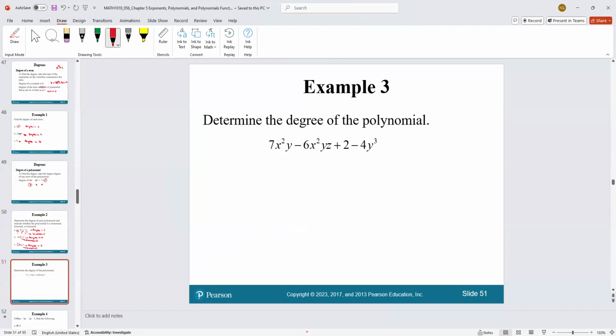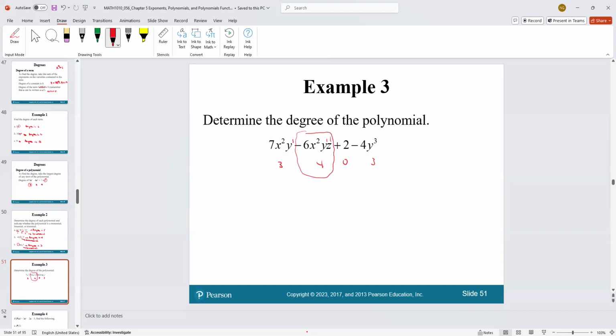Another example, they ask us to find the degree of that polynomial. First of all, we know this one is degree 3. What is that one? Yep, this one is 4. This one is 0 and this one is 3. Now, to determine the degree, I identify which one has the highest exponent. In the term in the middle, when I add all the exponents, it gives me 4.